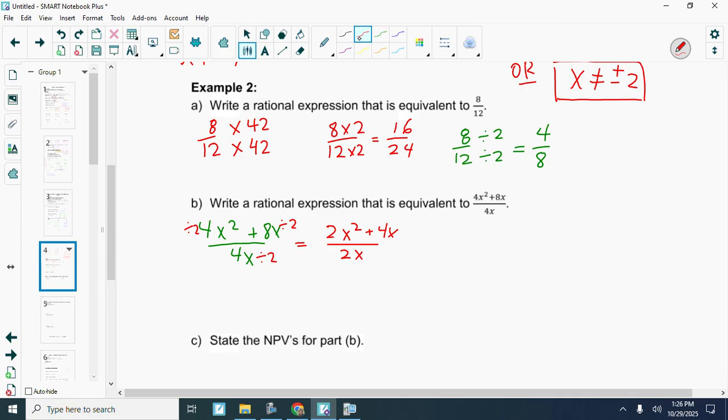So we have 4x squared plus 8x all over 4x. What if we multiplied everything by 3? You might see it written like this, where we just put the whole top in brackets. Whatever we do to the top, we have to do to the bottom.